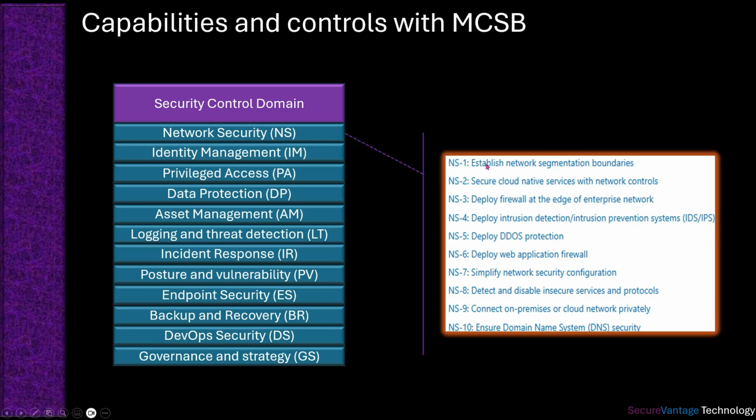If you take a look at the first control itself, network segmentation, it requires proper planning. It requires deciding how you're going to place the workload. Where is your data placed within the network? Where is your web server placed within the network? How will data flow within your environment?